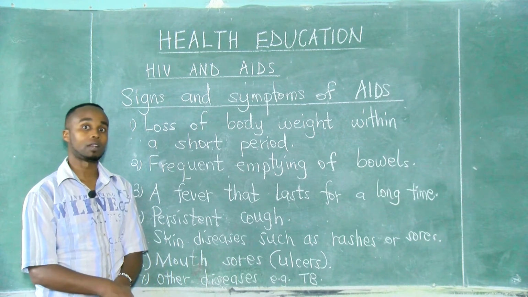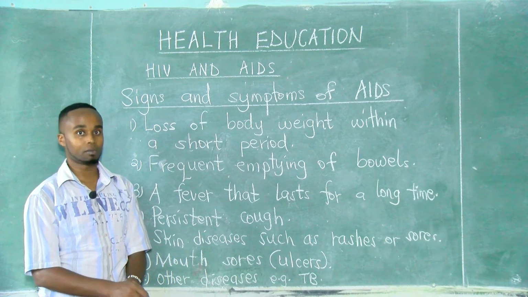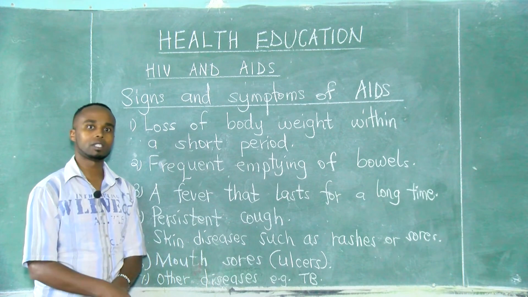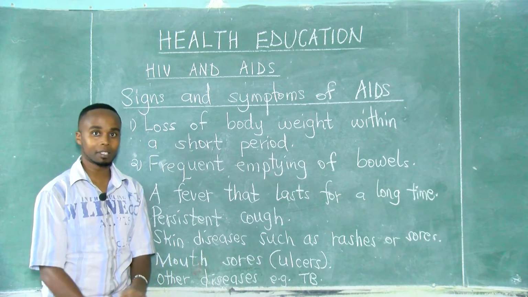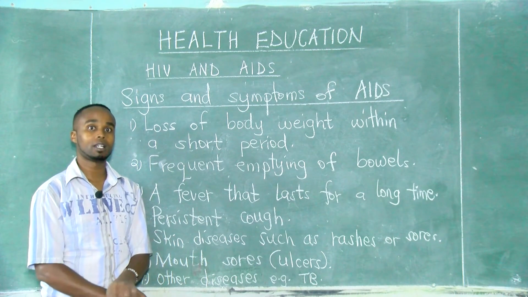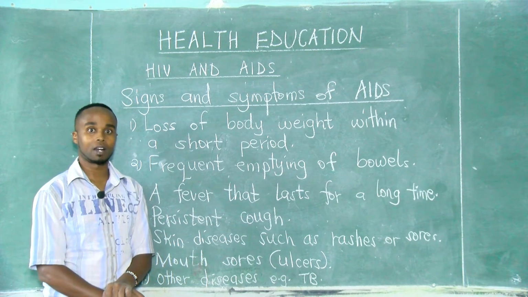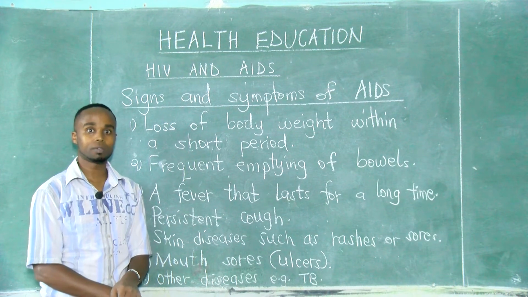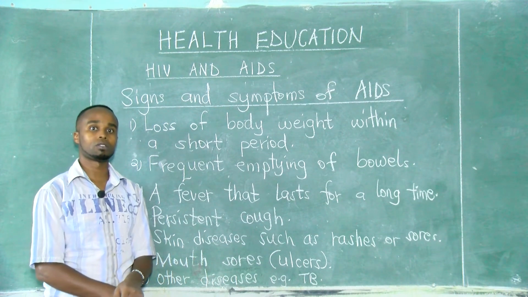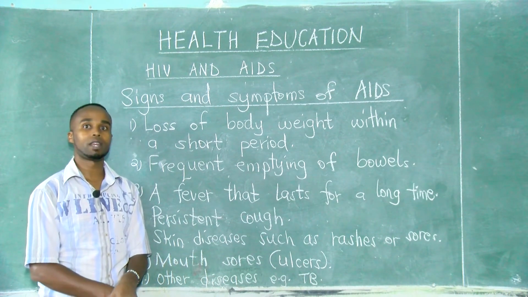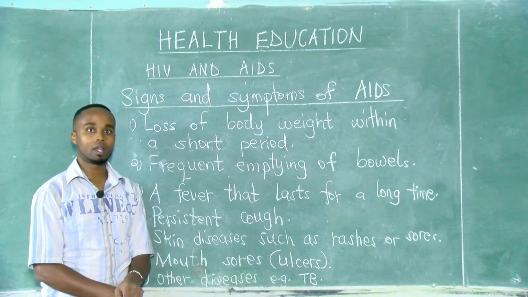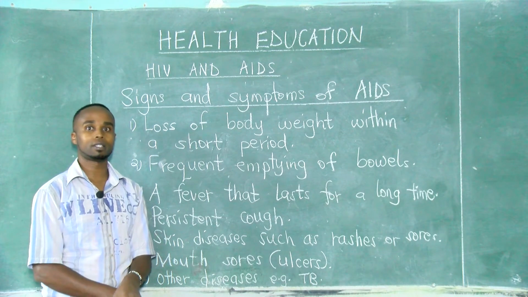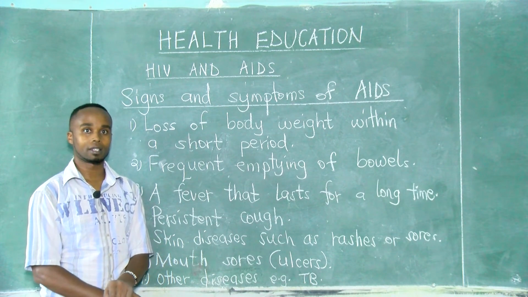And also, there are no visible signs and symptoms. The second stage is known as incubation or asymptomatic. In that stage, there are no visible signs and symptoms. Also, when a person goes for a test, if they are infected, they'll test positive.